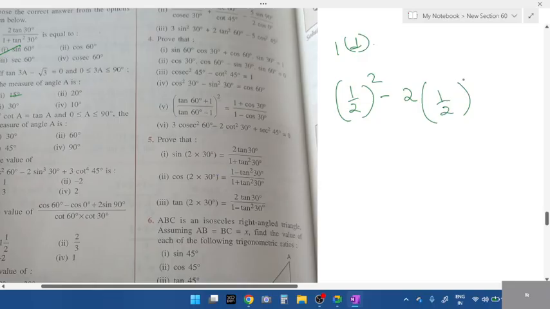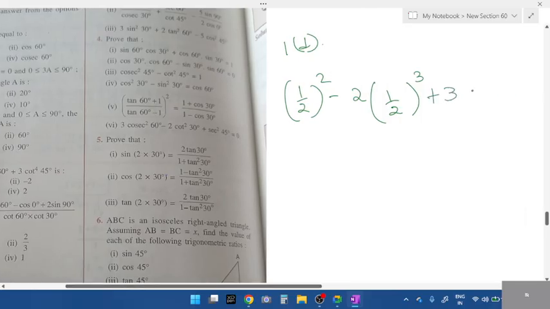Isn't it 1 by 2? And we have cube. Plus 3 into cot square 45. What is cot 45? Cot 45 and tan 45 are 1, right? 1 to the power of 4. Try this question. Open the bracket. Indices chapter concept.